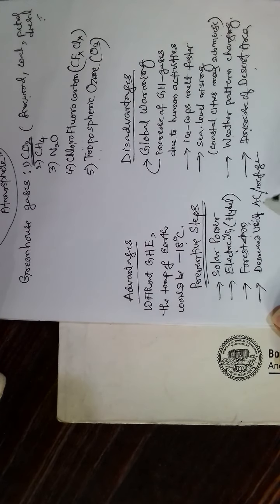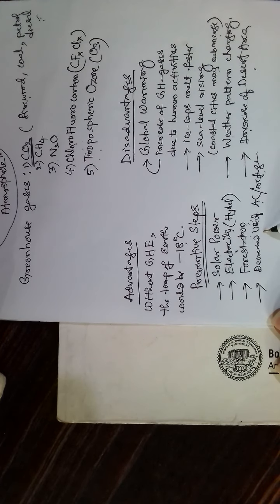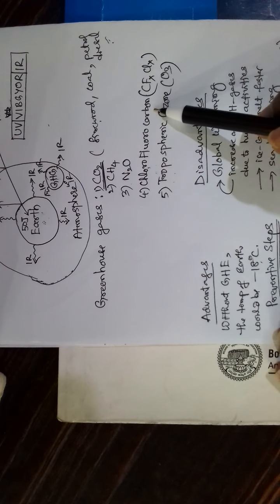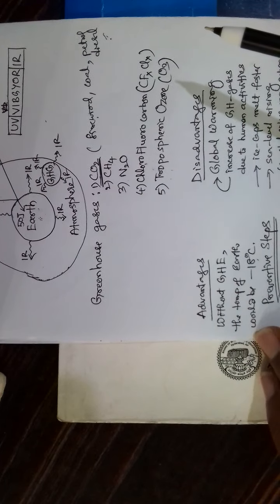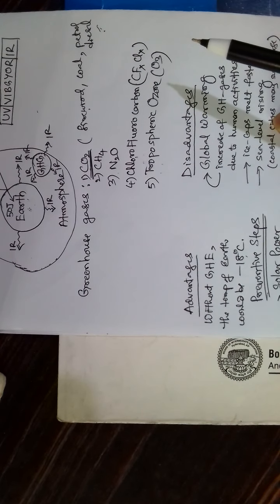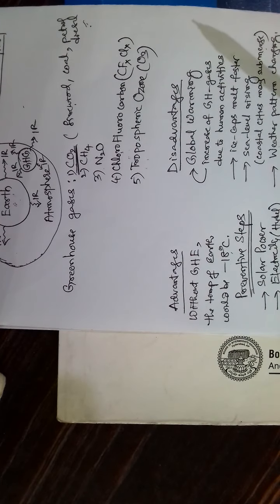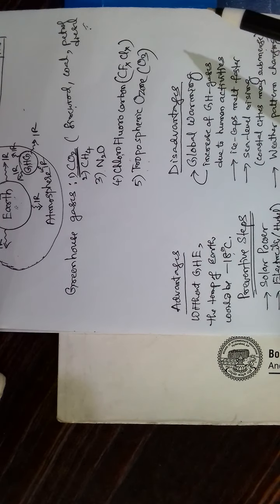If AC and refrigeration use is decreased, then the chlorofluorocarbons quantity can be decreased in the atmosphere. So in this way, we can take several steps, and we can decrease the greenhouse effect.